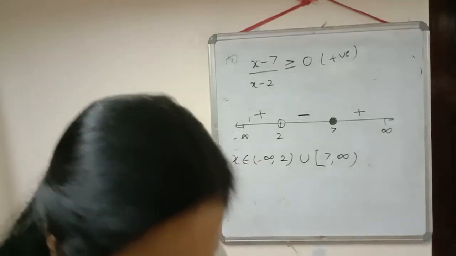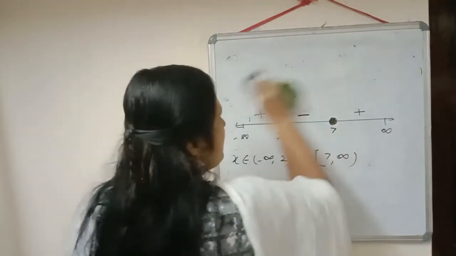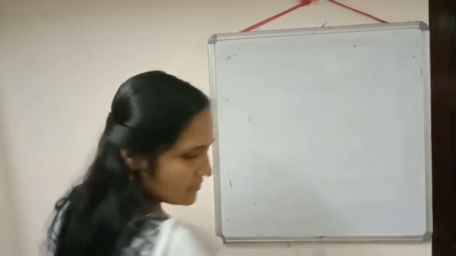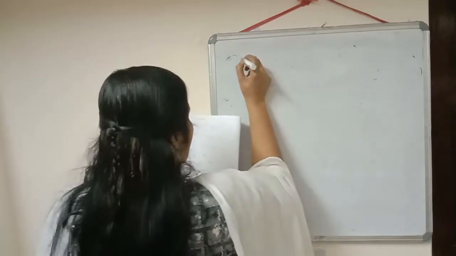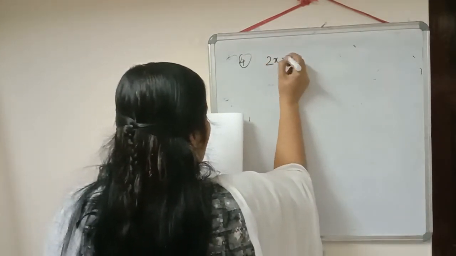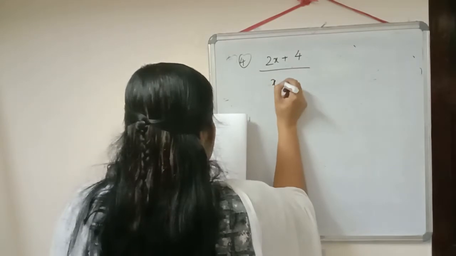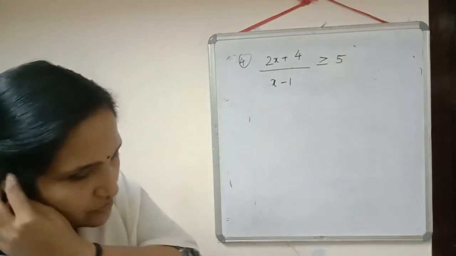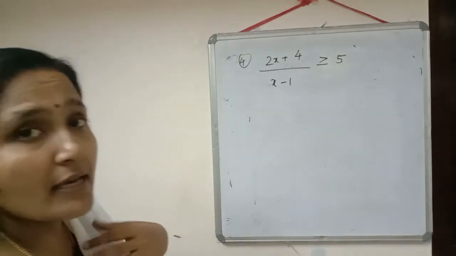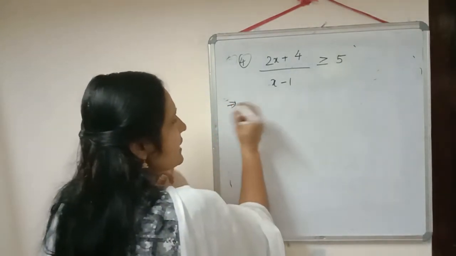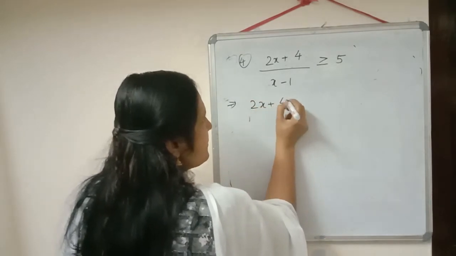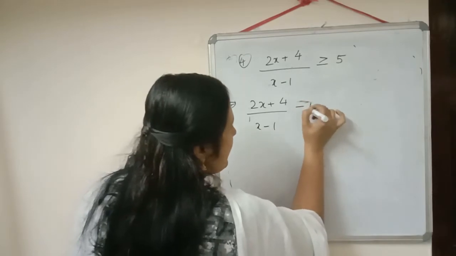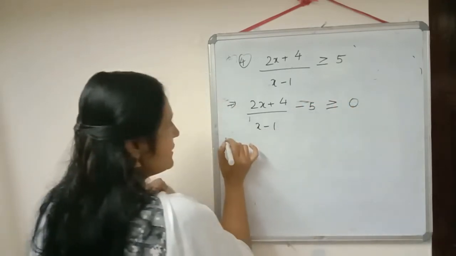Okay. Now all of you write down the next one. Question number 4. In this one calculation also less. Question number 4 we have (2x plus 4) by (x minus 1) greater than or equal to 5. So again the first rule is to make the right hand side equal to 0. So just shift that number to the left hand side. (2x plus 4) by (x minus 1) minus 5 greater than or equal to 0.